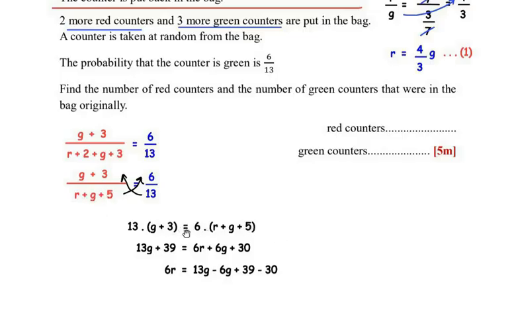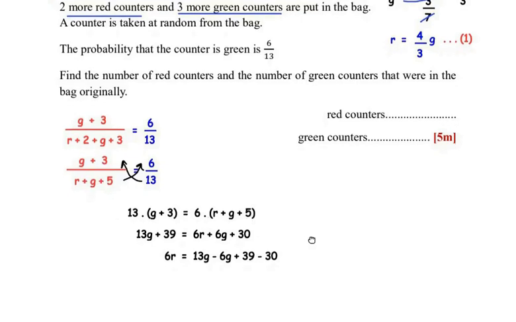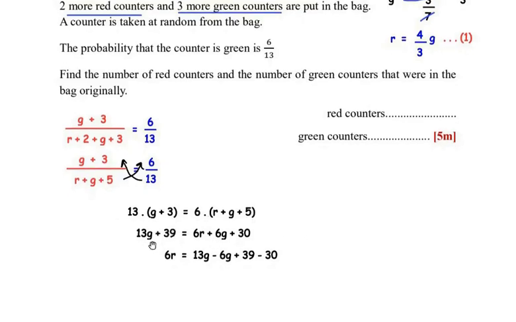Now let us expand the brackets. So 13 times g gives us 13g plus 13 times 3 is 39 is equal to 6 times r is 6r plus 6 times g is 6g plus 6 times 5 is 30.